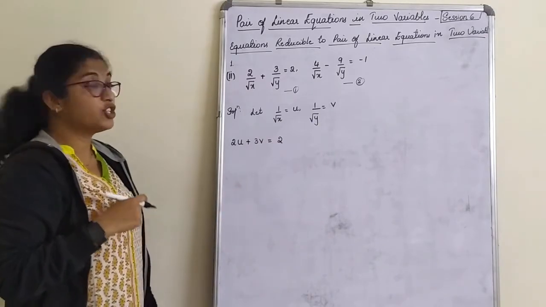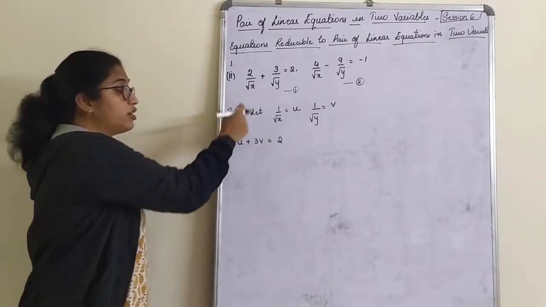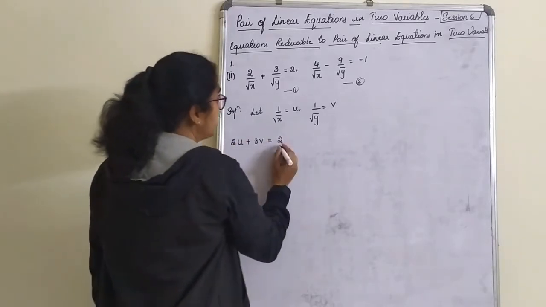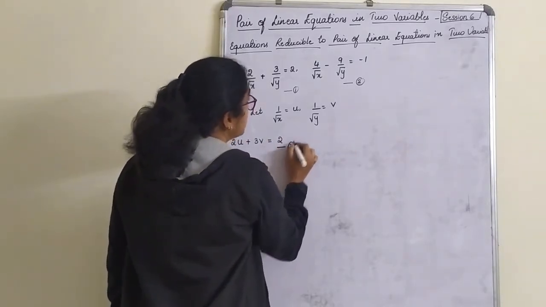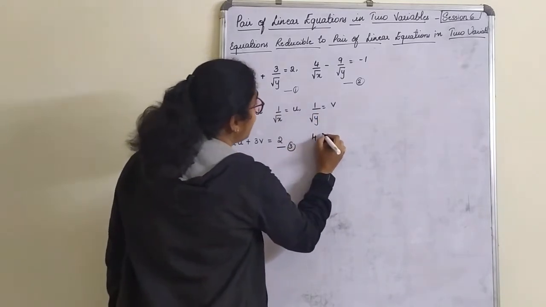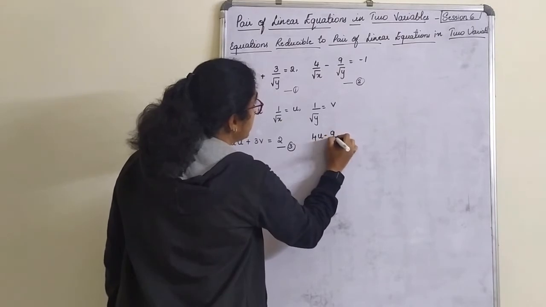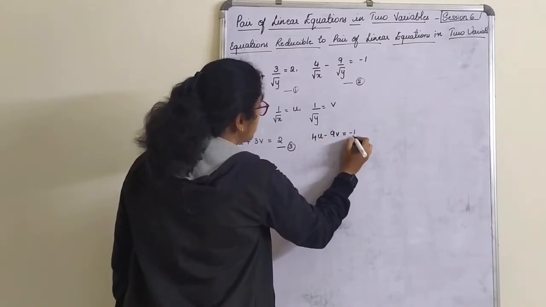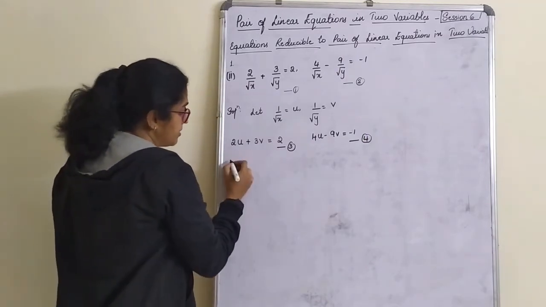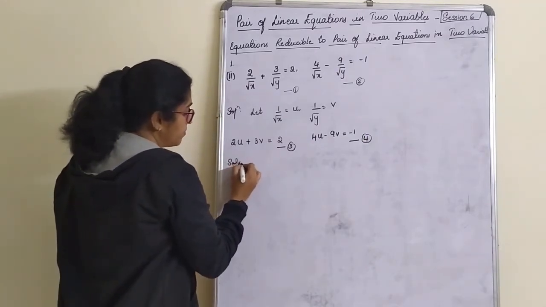Even though if you have coefficients in the denominator, it will come as a fraction. Otherwise, it will come as a direct straight equation here. Equation 3. Next one: 4u minus 9v is equal to minus 1, equation 4. Directly. So let's solve equations 3 and 4.